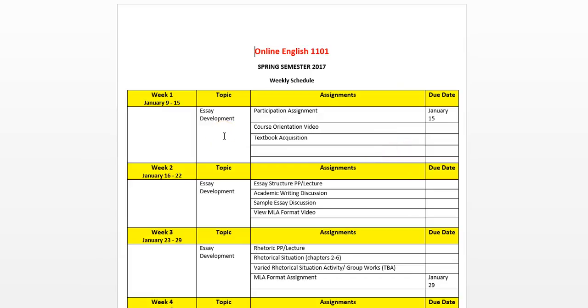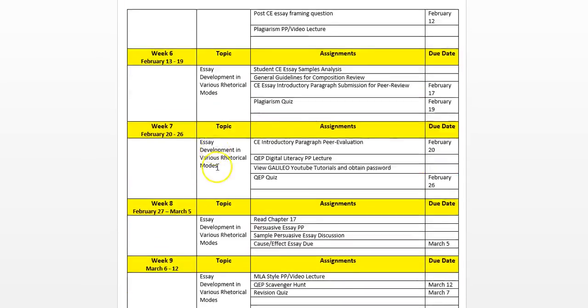So let's say this course orientation video, which is this video, you need to watch. It doesn't have a due date, right? But you should understand that I expect all of you to have viewed this video by the end of week 1, which is by January 15, which is a Sunday. All right, so that's how it works.